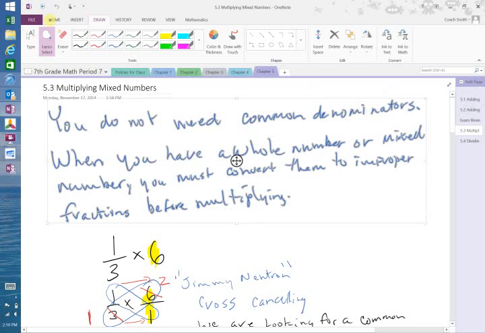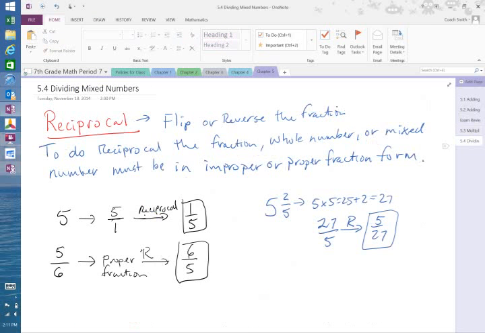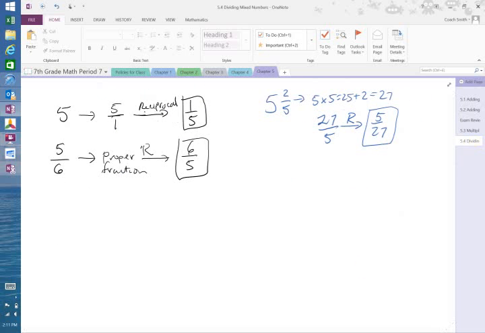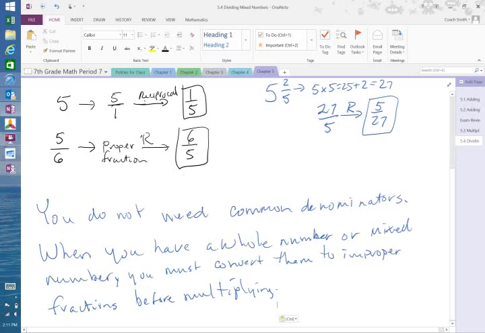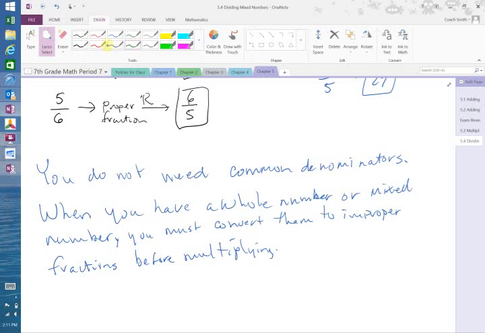Okay, we're going to do that, and we're going to copy it. Then I'm going to run over to this page, and I'm going to go below this. So the second thing I've told you today is the same thing as yesterday. You do not need common denominators. When you have a whole number or mixed number, you must convert them to improper fractions before dividing.